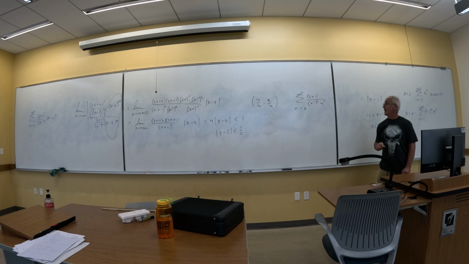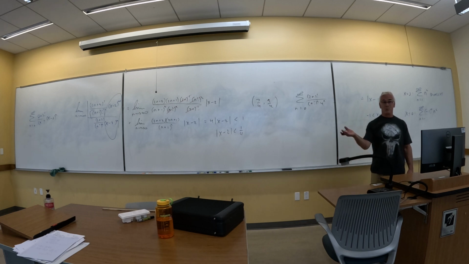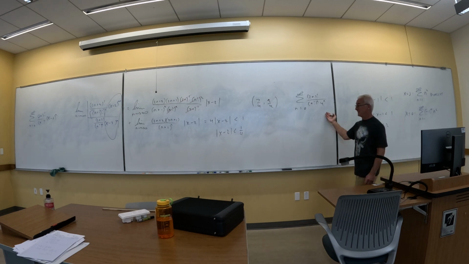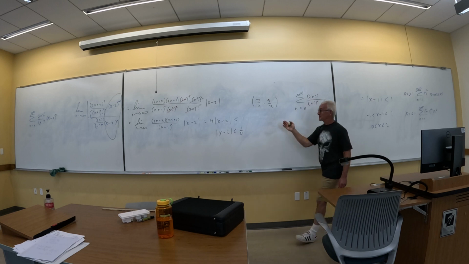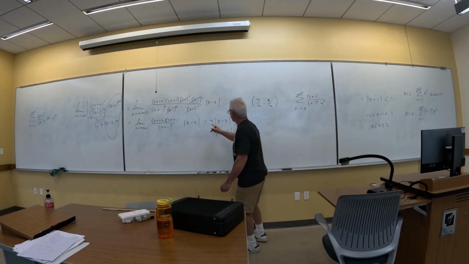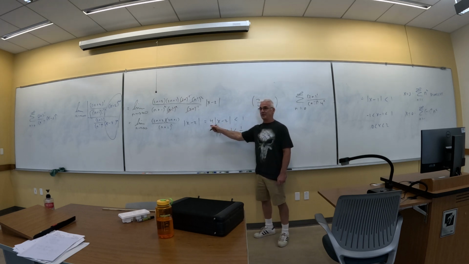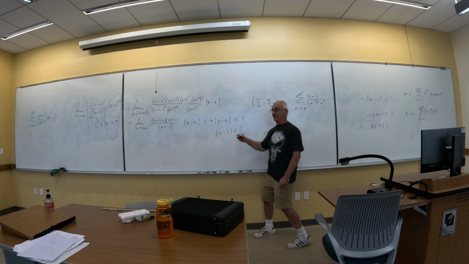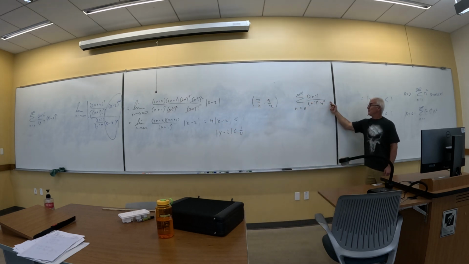Yeah. And I would use a ratio test on this. And what would I find? When I do the ratio test on this, I already know what the answer is going to be because we already did it. It's going to get all the way down to here, and you're going to get that this is less than 1.